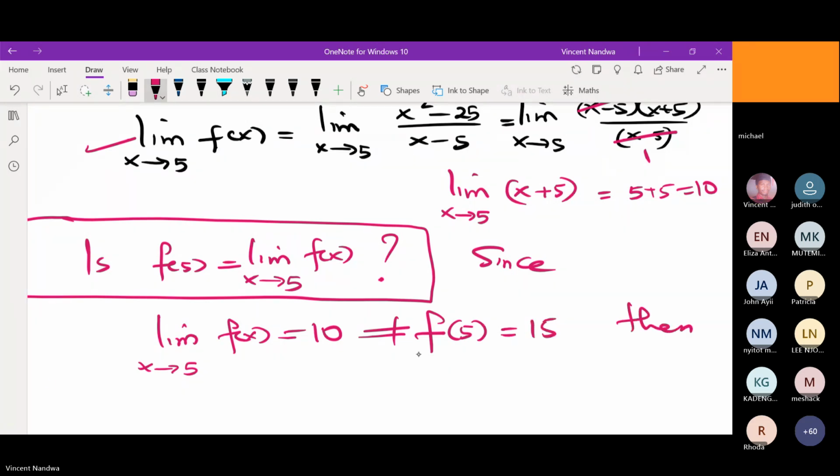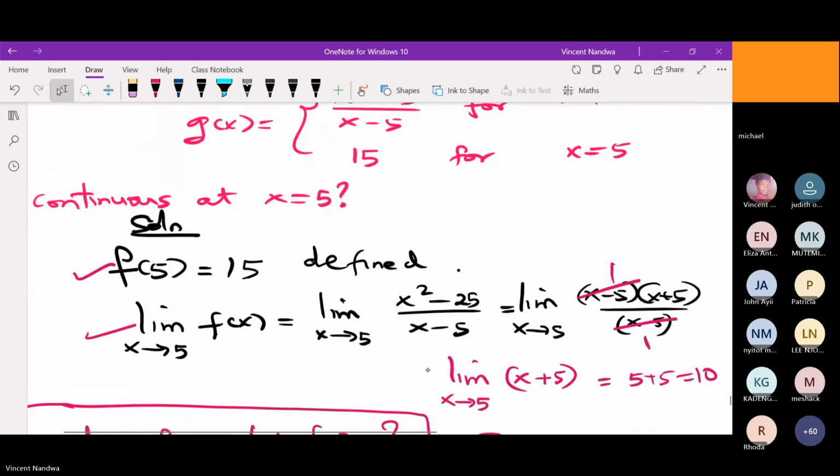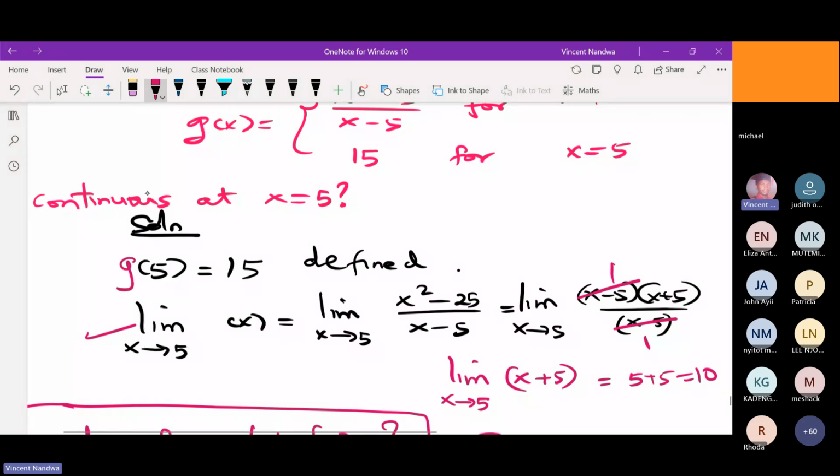then the function, actually, let me just check this one. Change this one to g, because that's the definition of the function, not f. So this is g of x, g of 5. So g of 5, then the limit of g of x.